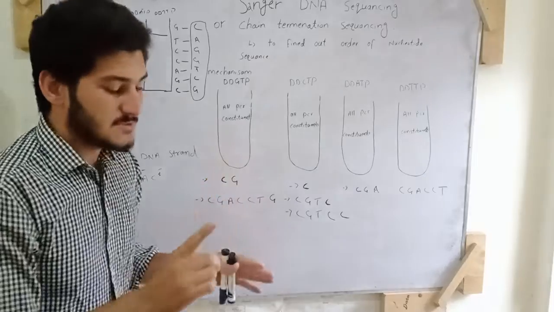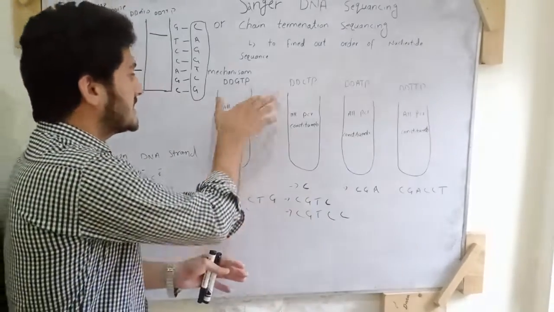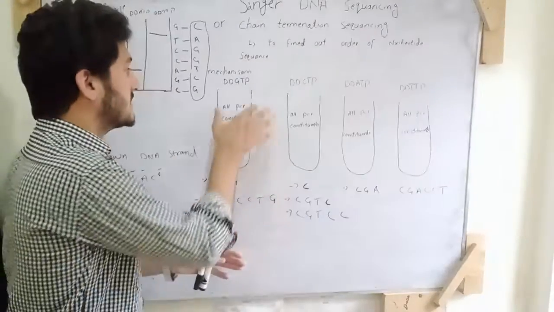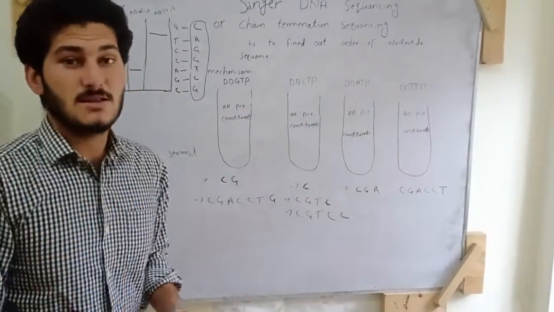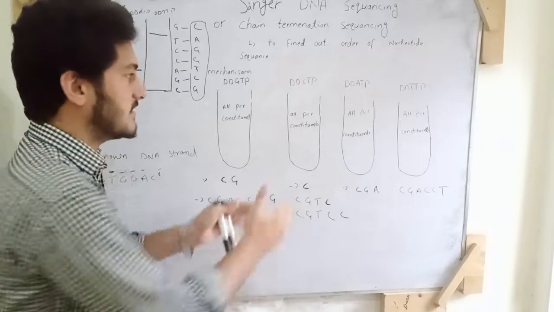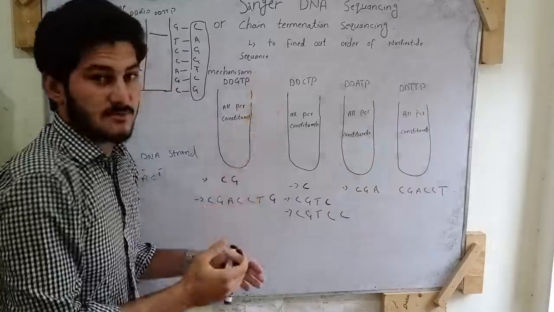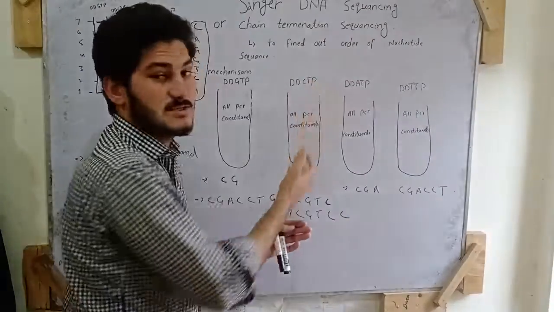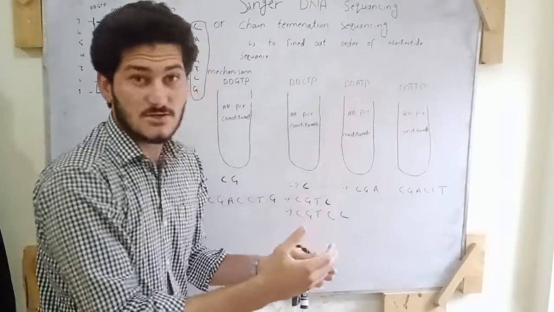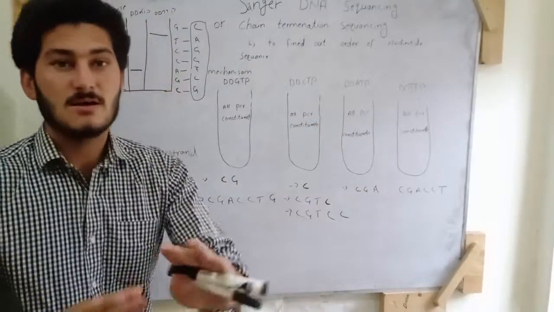The difference between normal PCR and Sanger sequencing PCR is that in Sanger sequencing PCR, one extra dideoxy nucleotide is present in each tube. In this tube dideoxy GTP is present, in this tube dideoxy CTP, and in the others dideoxy ATP and dideoxy TTP.